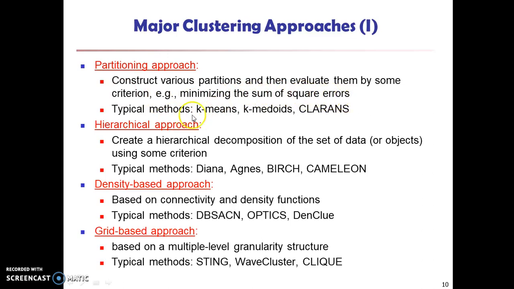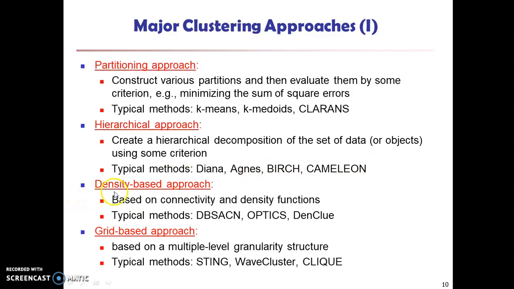Typical methods are k-means, k-medoids, and CLARANS. And the hierarchical approach means creating a hierarchical decomposition of the set of data, that means objects, using some criteria. Typical methods are DIANA, AGNES, BIRCH, and CAMELEON.